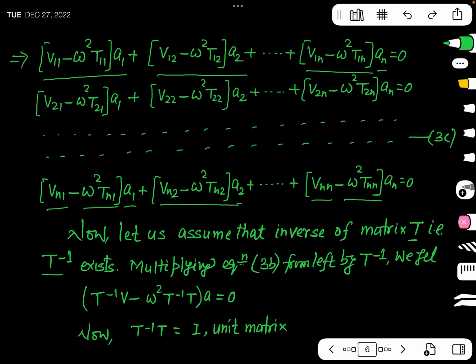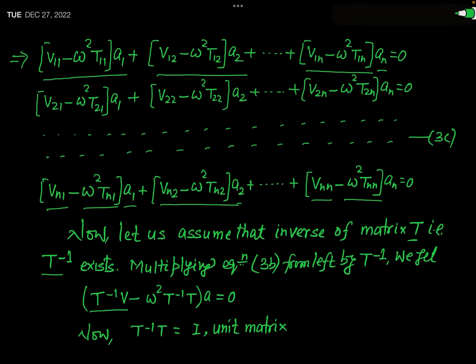So I have multiplied that equation from the left side by the inverse of matrix T, and this is T inverse V minus omega square T inverse T, A equal to 0. Now you know that T inverse is the inverse matrix of T, so T inverse T will be simply equal to I, which is called the unit matrix.